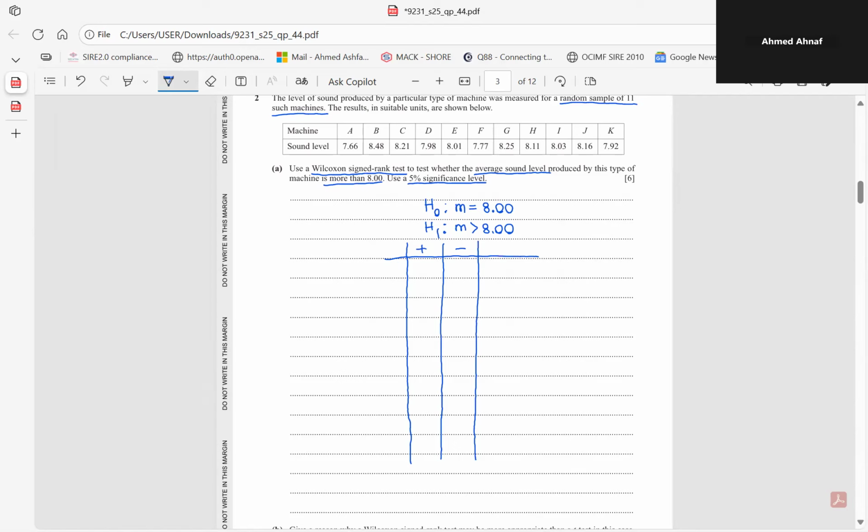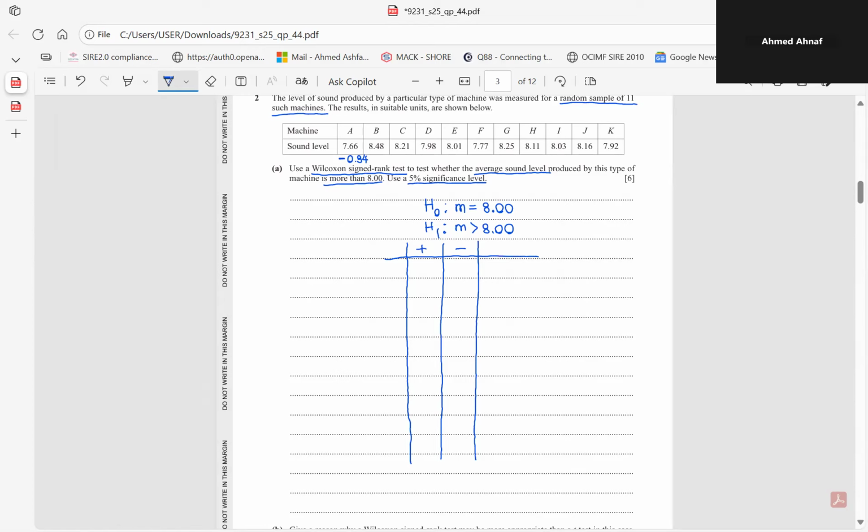All right, so let's first do it for the negatives. For the lowest, 8.00 minus 7.66 is minus 0.34. Anything that's less than 8 is going to get a negative difference. That's the convention that we'll be using.